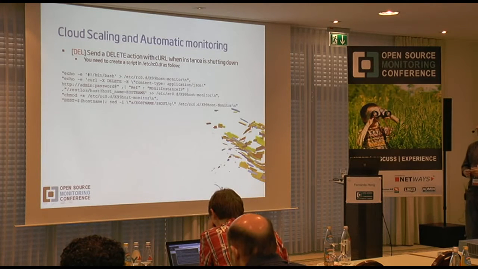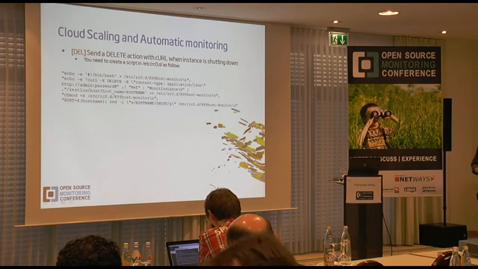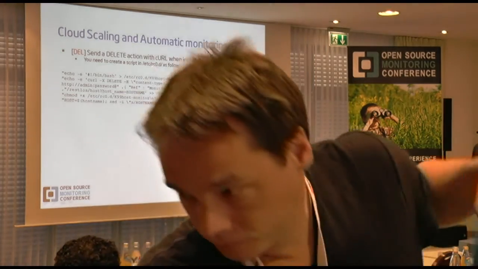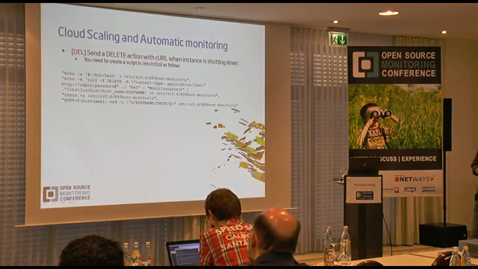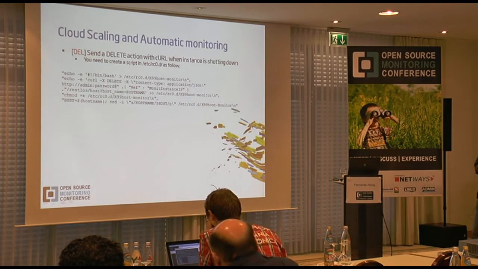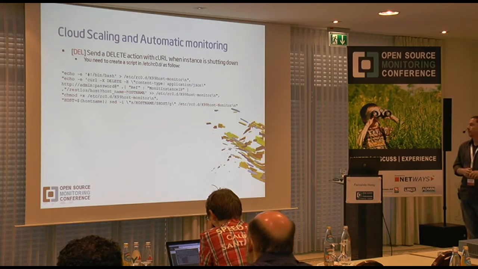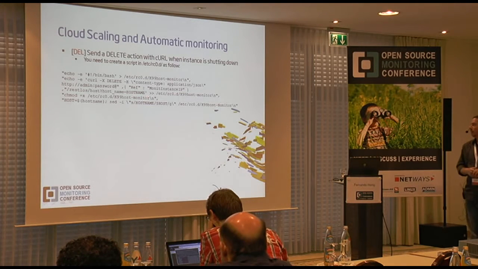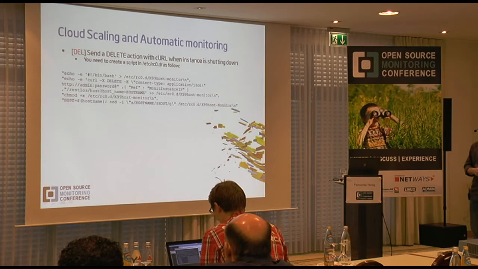For the delete, what we do is put a bash script on run level 0, and we execute a delete, sending the host name that we replaced previously to the monitoring instance IP.